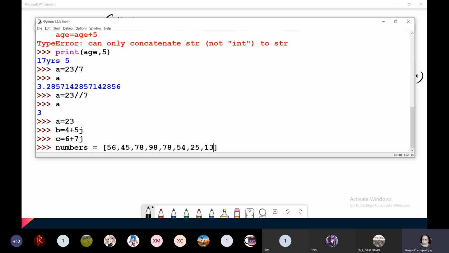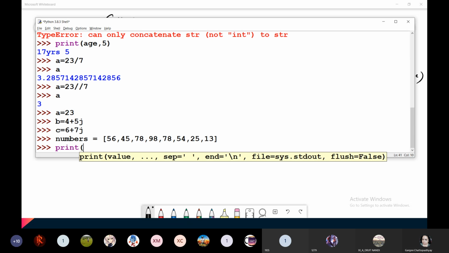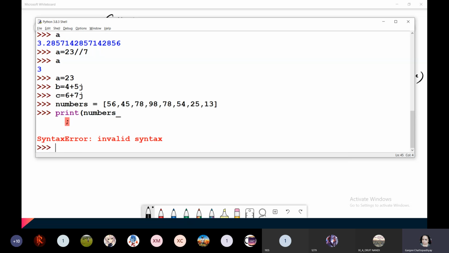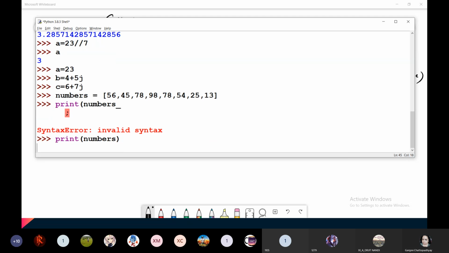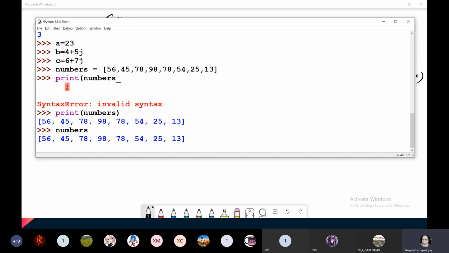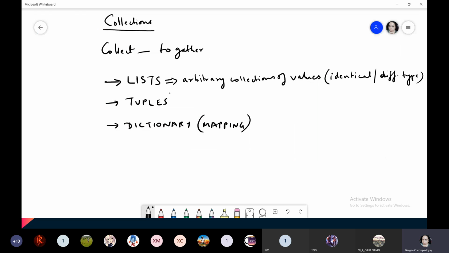So this is a list of numbers. When I print it, I made a mistake, one second. This is how it will be printed. And if I simply type it, this is how it will be printed. So a list is what? It is an arbitrary collection of values.